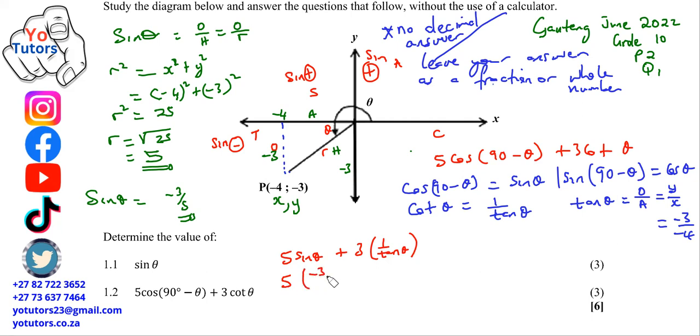It's -3 over 5, plus 3. What is our cot theta? We say the reciprocal, -4 over -3, but the negative and negative will cancel. Then the 3 here will cancel, and the 5 here will cancel. What we have now is -3 plus 4, which is going to give us 1. So our answer there will be 1.